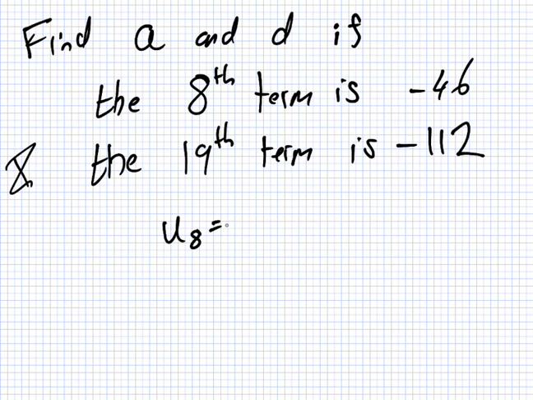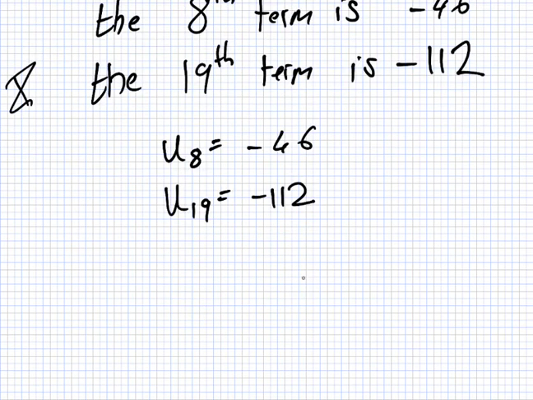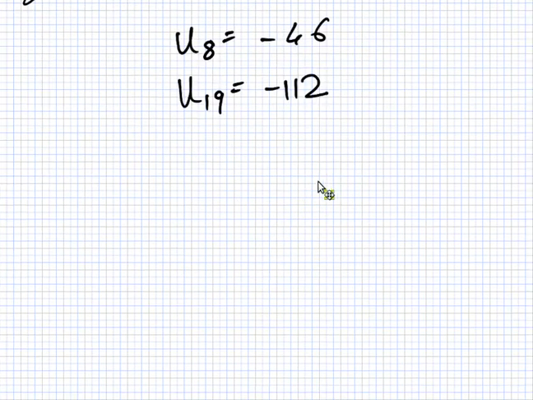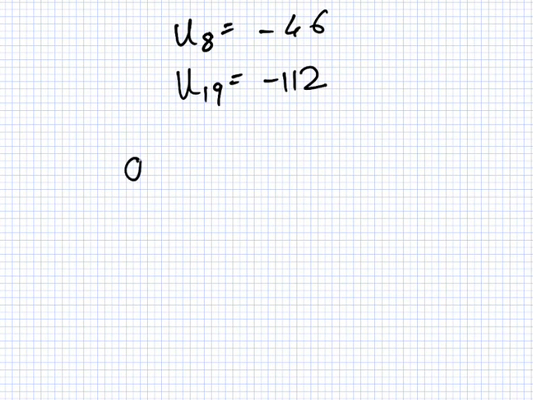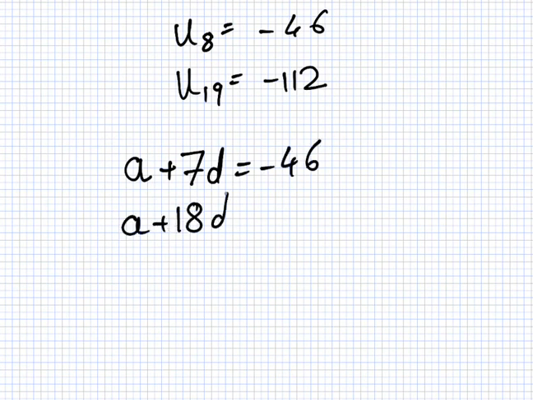I tell you that the 8th term is minus 46, and I tell you the 19th term is minus 112. So that means A plus 7D should equal minus 46, and A plus 18D should equal minus 112. You get this?